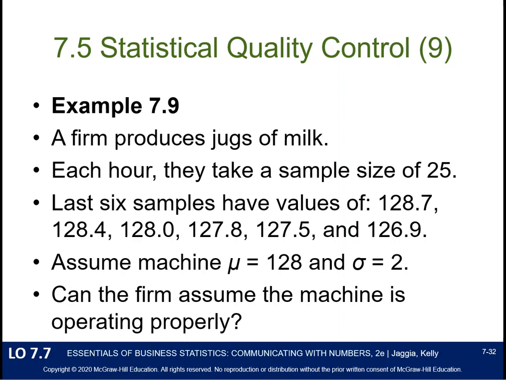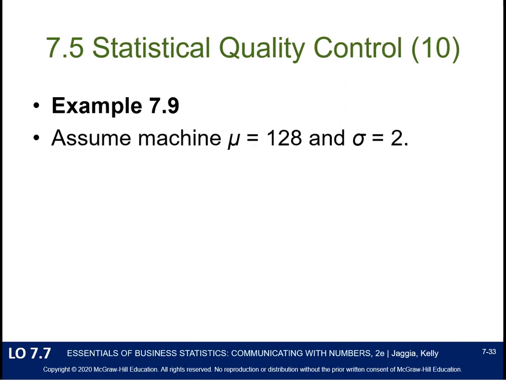Based on the last 6 samples that we've taken, we're going to assess whether the machine is still functioning properly. The first thing we need to do is calculate the standard error. Remember, our mean is 128, and sigma, the standard deviation of our population, is 2.